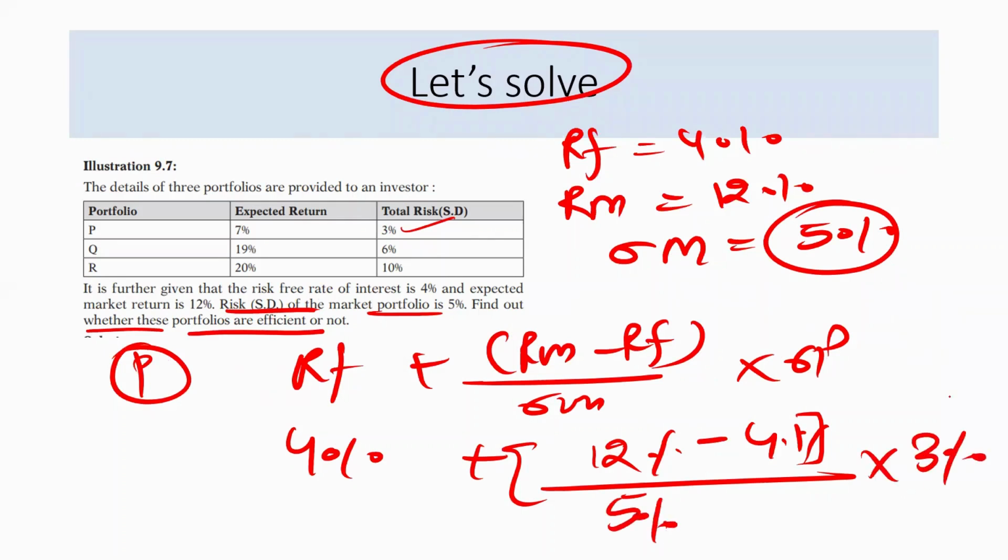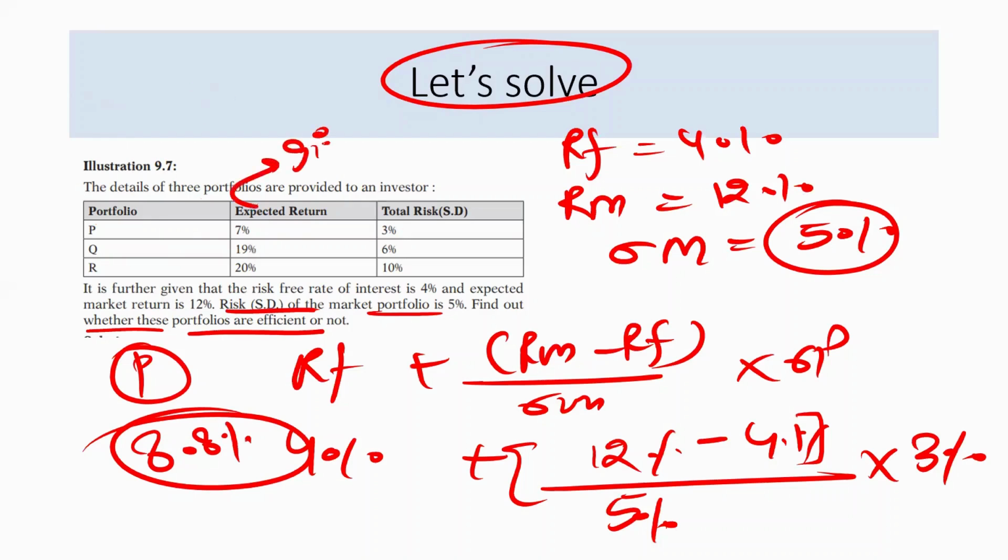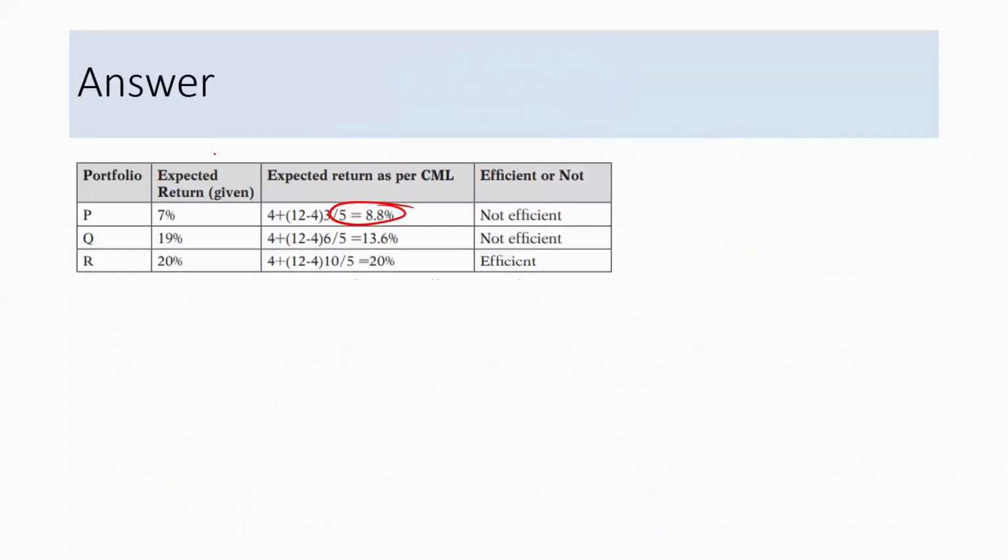Let's solve this question. It will come out to be 8.8%. Do you think it is efficient? The expected return which is given to us is this, but at least I should earn this according to my CML theory. So of course I am earning less than what I should have earned, so it is not efficient. Let's check.